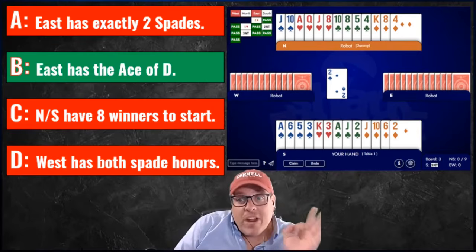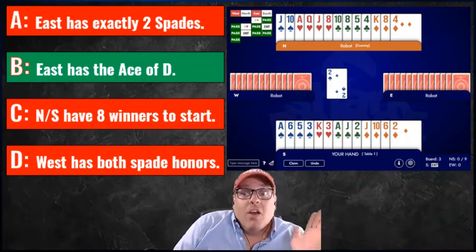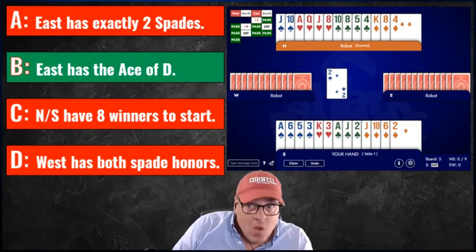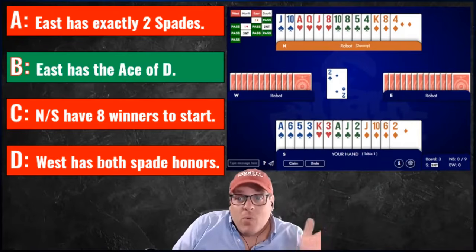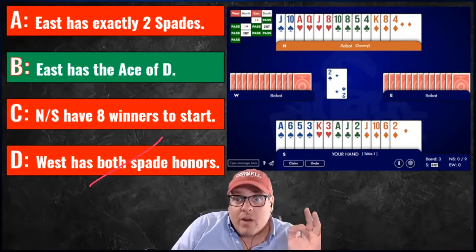One of them is very, very unlikely. The 3 holdings are King 4th, Queen 4th, or the super unlikely scenario where East opened with an 11 count and West has King Queen 4th. Very unlikely, which is why D is clearly not right. It's so unlikely that's happening.